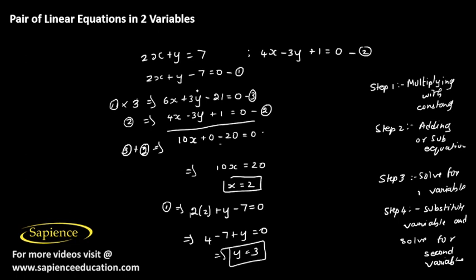In this case, the y term got eliminated and we still had the x term. But there are some pairs of linear equations for which both the x term will get 0 and the y term will get 0. So those equations can be written as a1x plus b1y plus c1 equal to 0 and a1x plus b1y plus c2 equal to 0.